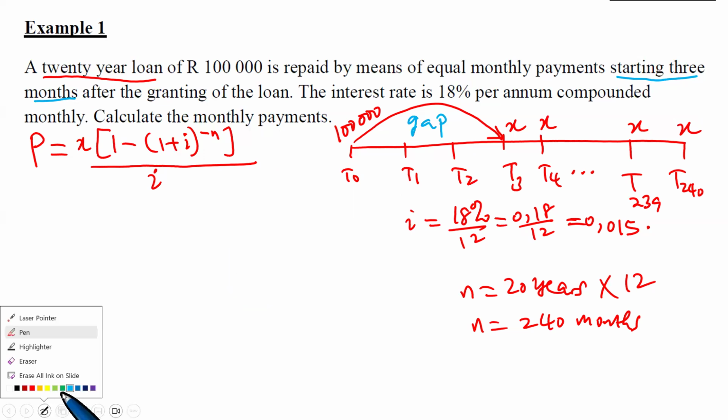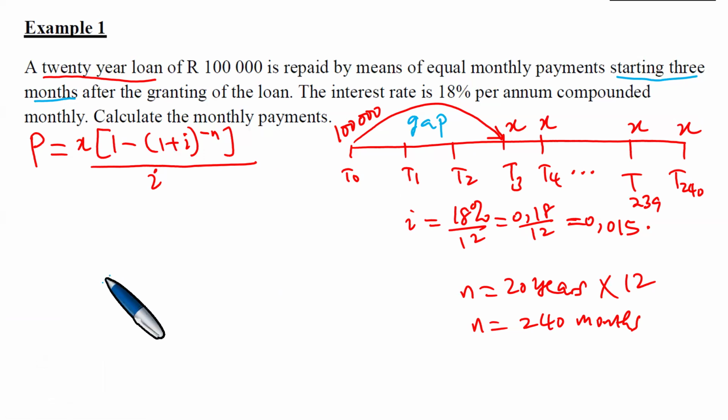Now, pay attention. If this is the gap, it means the 100,000 has to be moved to that particular period. We have to take it and move it 1, 2, at least.